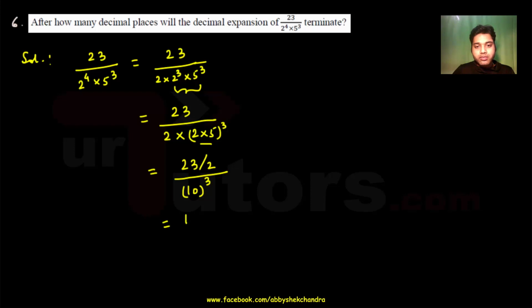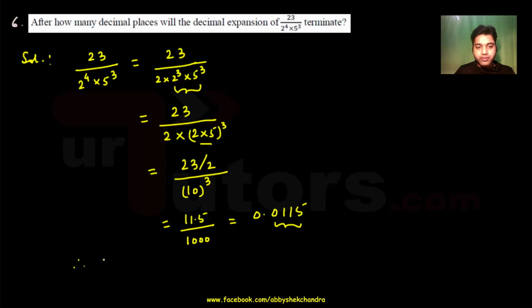23 by 2 is 11.5, right? And here 10 cube is 1000. So this will be 0.0115. So after how many places does the decimal expansion terminate? It's 1, 2, 3, 4.